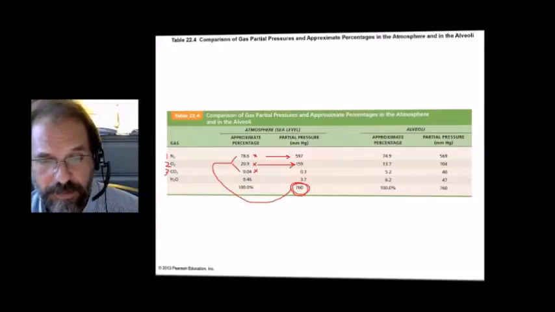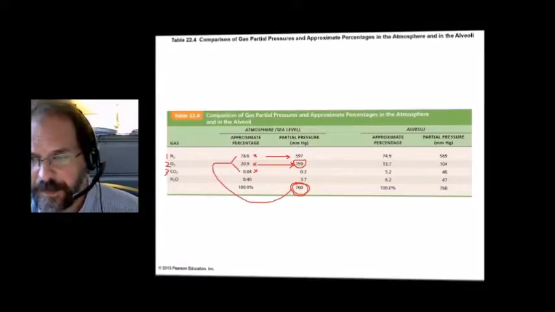If I took my 21% roughly and multiplied that by 760, I would get 159 millimeters of mercury as my partial pressure of oxygen. Right. And if I take my 760 and multiply it by my 0.035, which I think is what it really is, I get about 0.3 as my partial pressure for CO2. Right. Now look over here. Right.